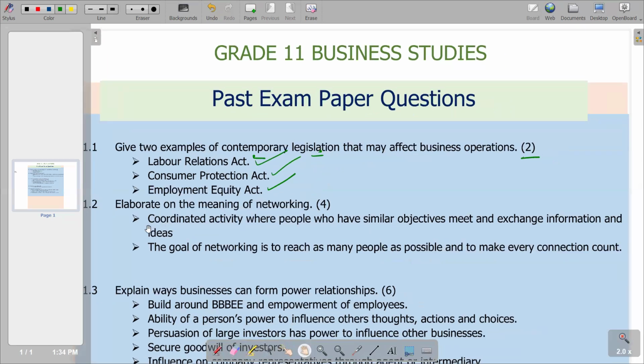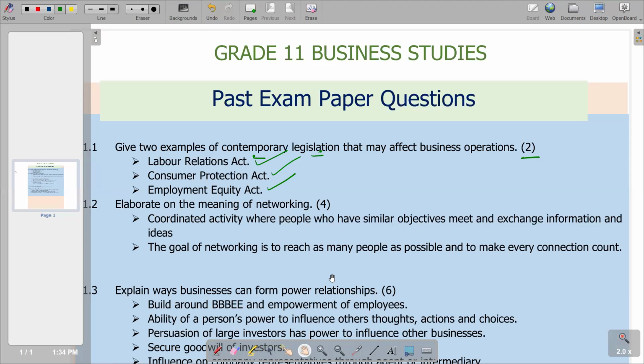The first point says it is a coordinated activity where people who have similar objectives meet and exchange information and ideas. The second point says the goal of networking is to reach as many people as possible and to make every connection count. Those are the two brief explanations that sum up the definition of networking.